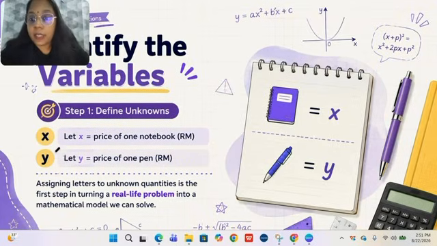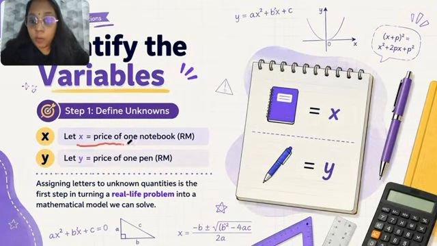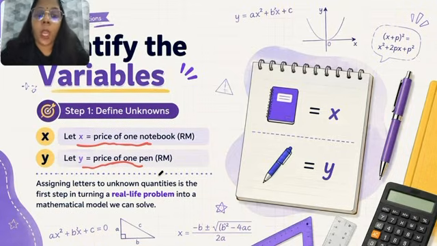I will let x equal the price of one notebook and y equal the price of one pen. Okay, now let's connect those symbols to the actual situation. If one notebook costs x ringgit, what will three notebooks cost? Yes, it is 3x.